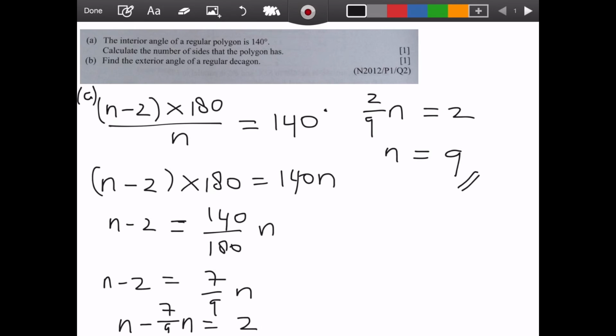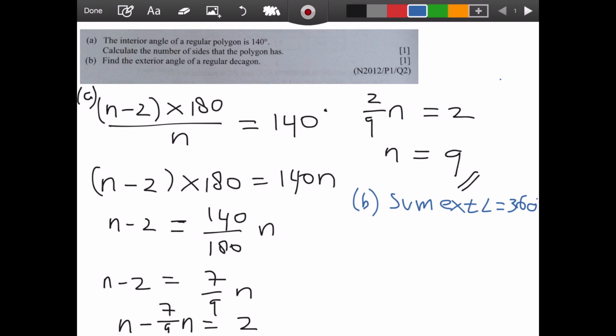Let's do part B in another color, maybe in blue. The question says find the exterior angle of a regular decagon. Remember, the sum of the exterior angles of a regular polygon is 360 degrees.